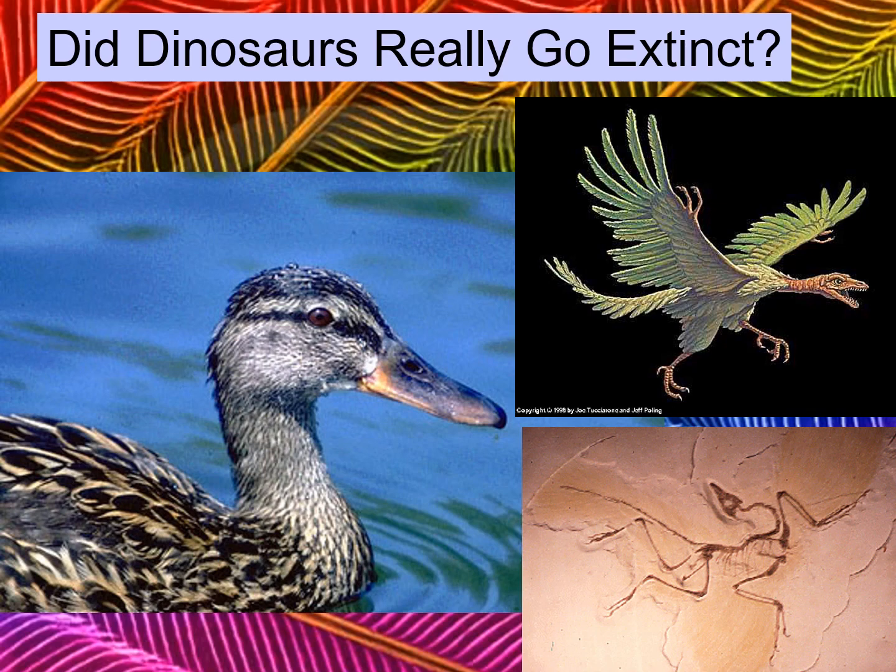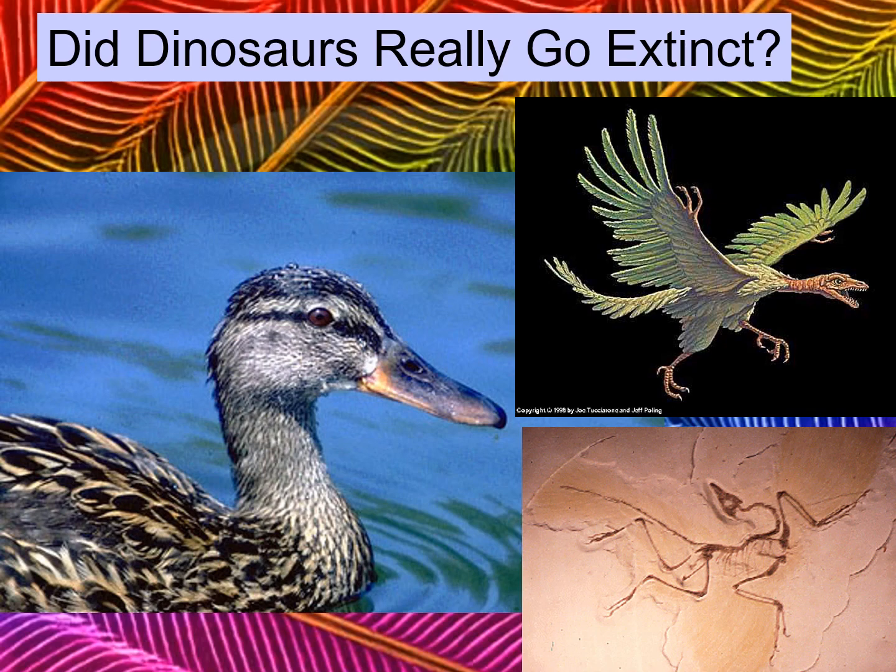Well, not really. What you're seeing here next to the duck, in the upper right, is Archaeopteryx. Archaeopteryx is an ancient bird-like reptile. It's probably not the direct ancestor of birds, but you can see that this is something that had many bird-like features and many reptile-like features. It had claws on the wings.